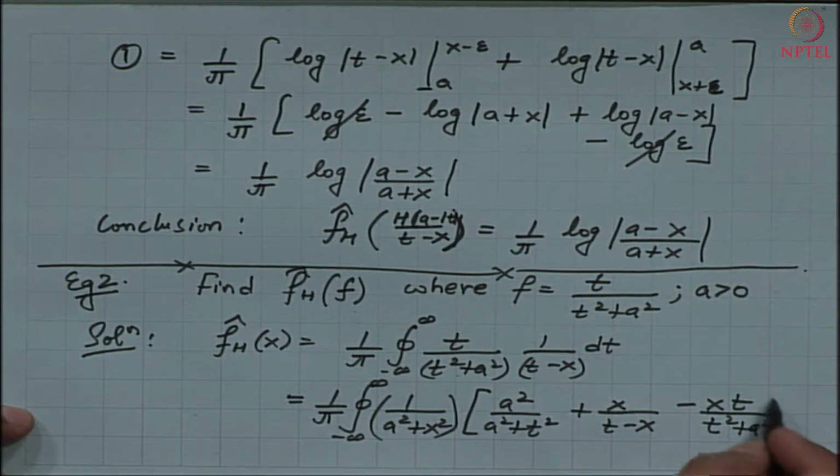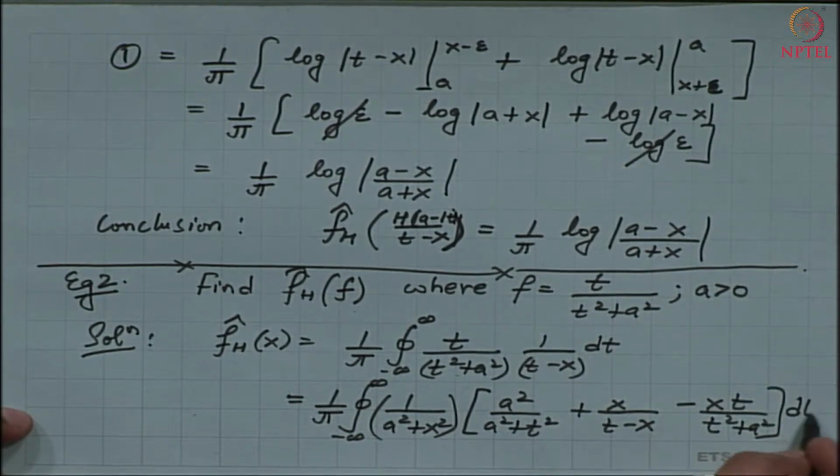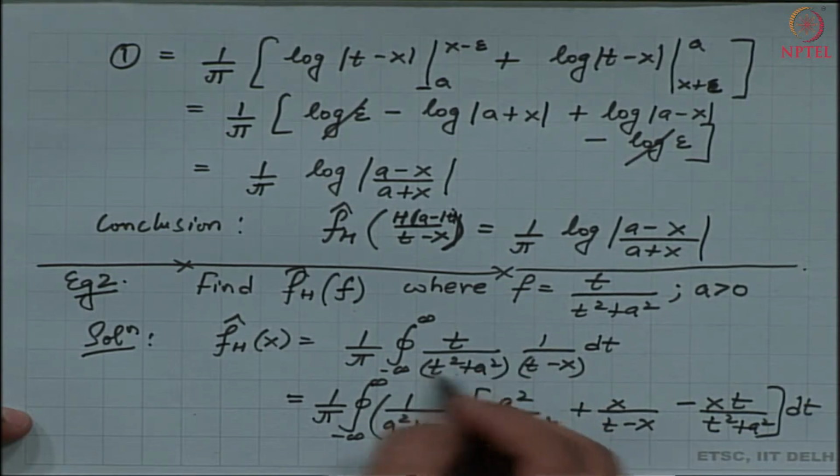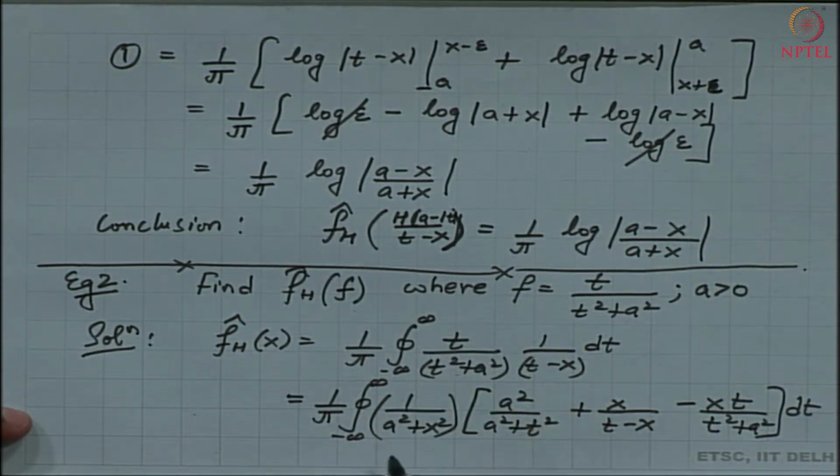Now, all students can check that the simplification of these three factors times this factor is going to give me back this integrand inside this integral here. Okay, so, why I did that?